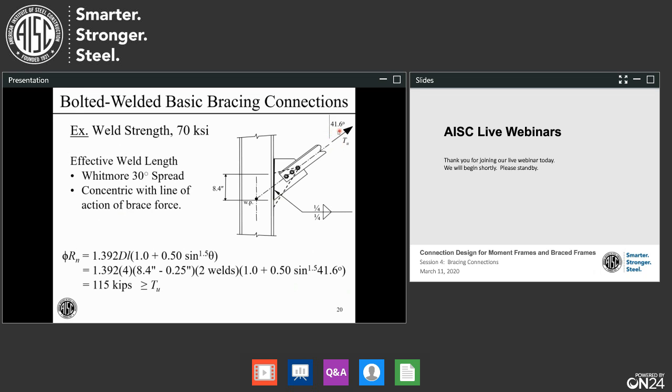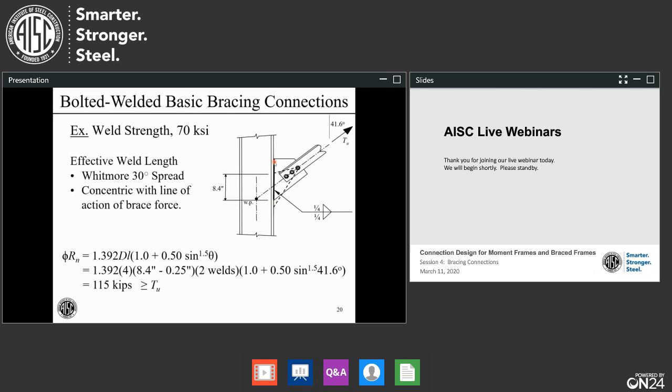And the Tu is at a 41.6 degree angle. Now, we're just going to have to use engineering judgment to deal with this. One approach would be to use the weld from the bottom up to some height, maybe even the very top of this, if that's what our engineering judgment tells us is okay.